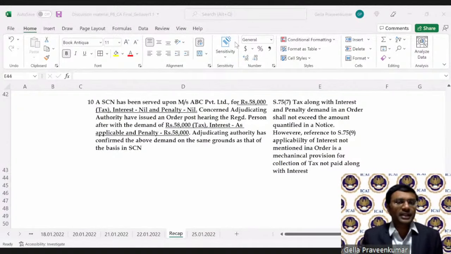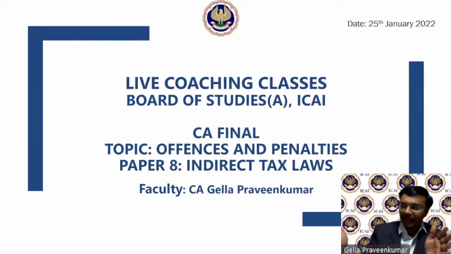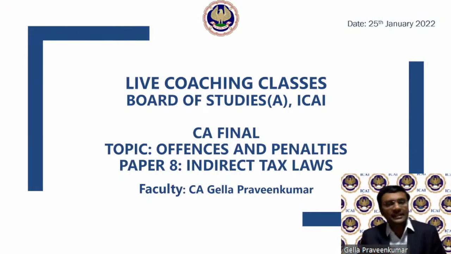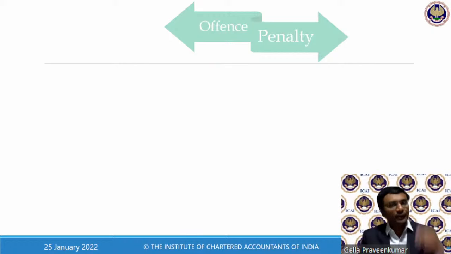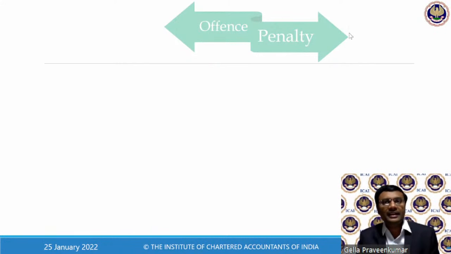Now, let's come back to our topic for today's discussion. The intent of today's discussion, students, is just to have a recap of whatever we have discussed so far. If you look at these 10 questions, put yourself in terms of ranking, how many questions you could answer.